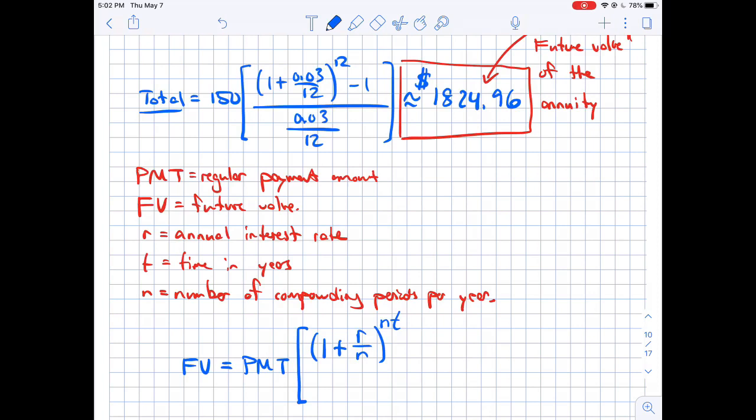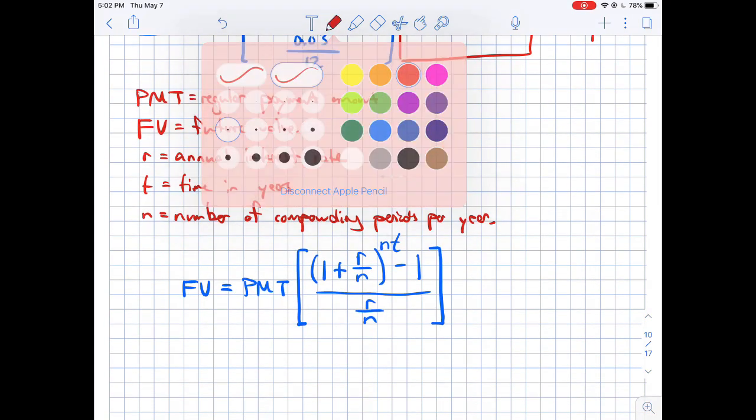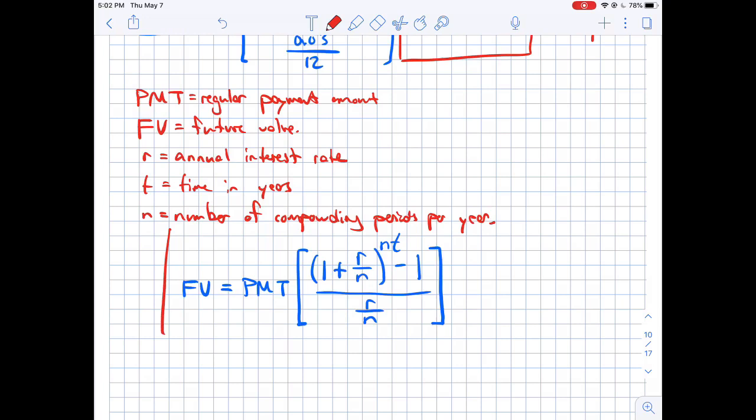We subtract 1 from that, and then that's divided by R over N. And that horrible looking formula right there is what we use to determine the future value of an annuity over T years.